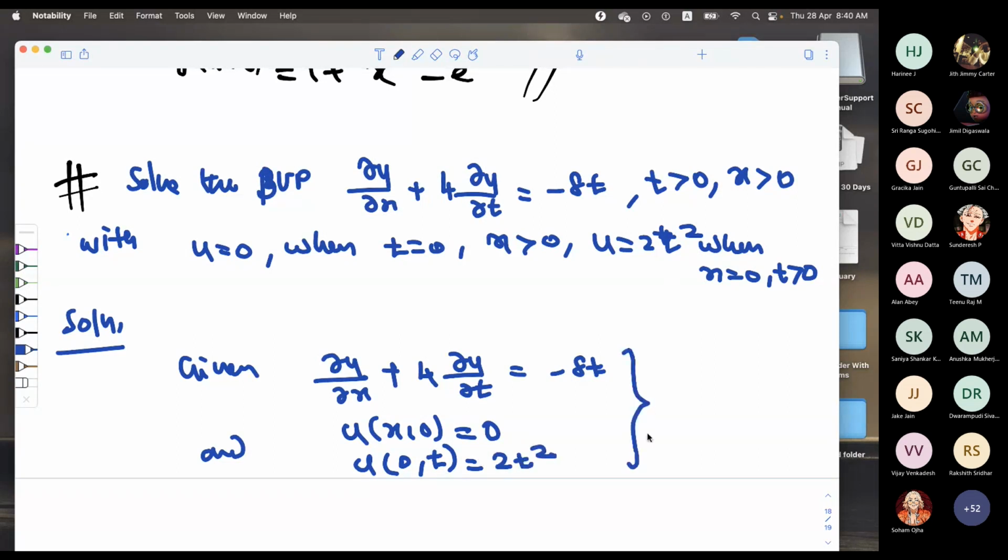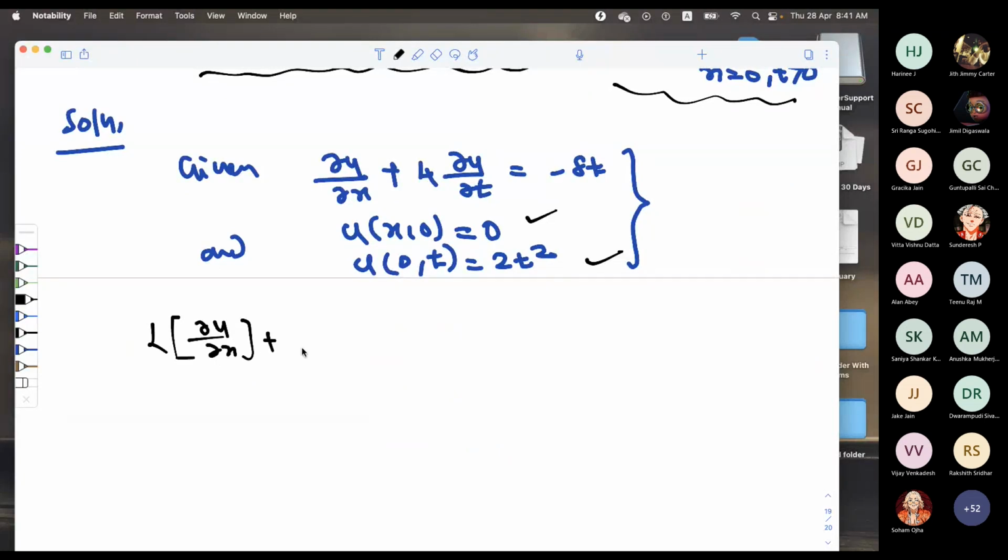Sir, is it clear how we are writing the equation from this? So together we have this condition, and together we have these conditions. When time t equals 0 and x is positive, the u value becomes 0. And here when x is 0 and time is positive, then based on the function, it is 2t square. Is it clear?